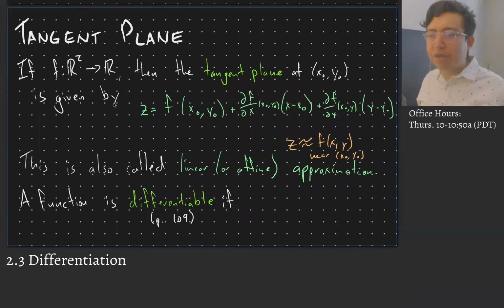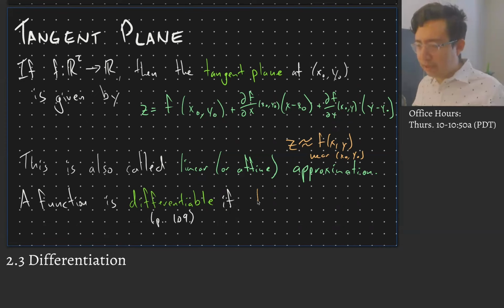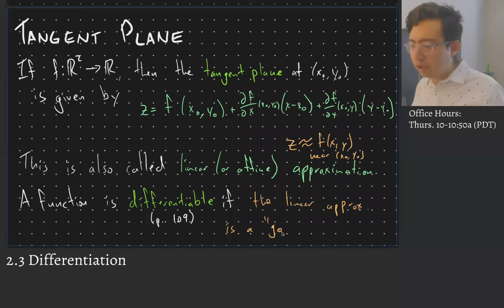Now, all of that's assuming you have differentiable functions. In fact, the way we say something is differentiable is if the linear approximation is a good approximation.